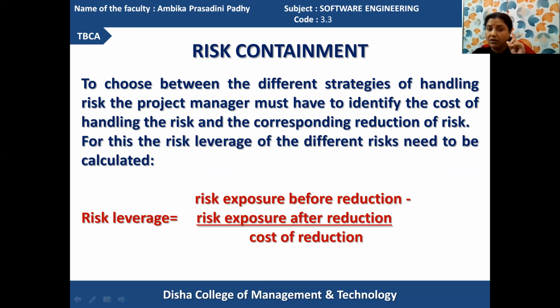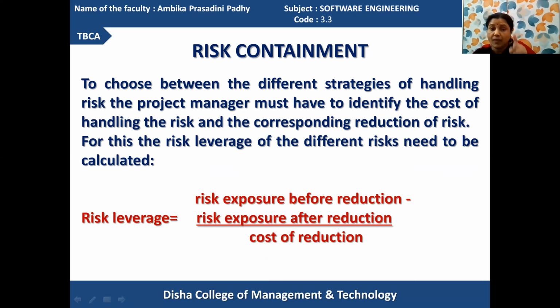That is, for reducing the particular risk, how much cost you have to bear. Accordingly, the risk leverage is calculated. If the risk leverage value is acceptable, then the risk can be contained by applying the containment processes.